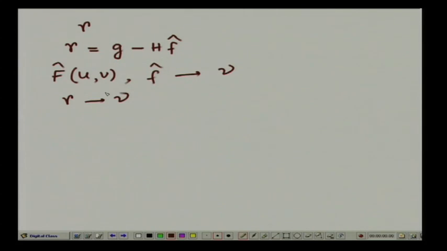Now, if I define a function phi of gamma, which is nothing but r transpose r, the Euclidean norm of r, it can be shown that this function is a monotonically increasing function of gamma. That means, whenever gamma increases, the Euclidean norm of r also increases. If gamma decreases, the Euclidean norm of r also decreases.